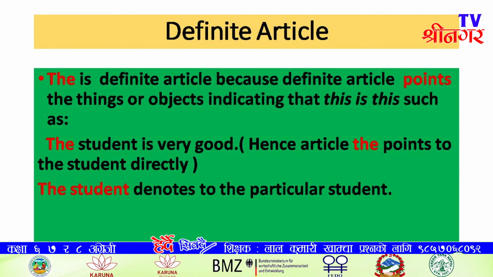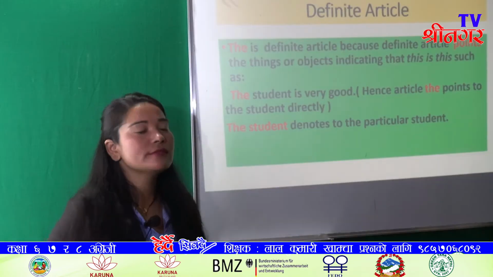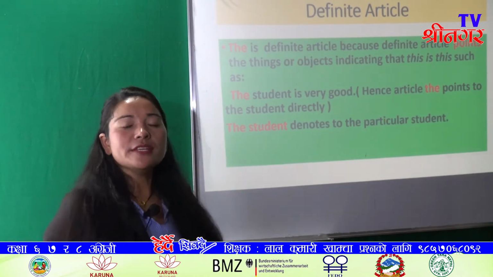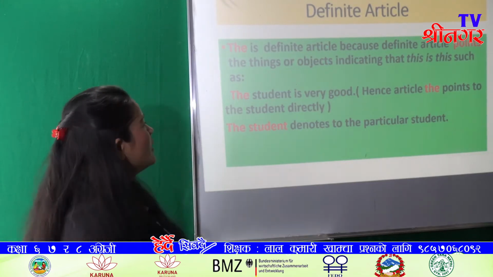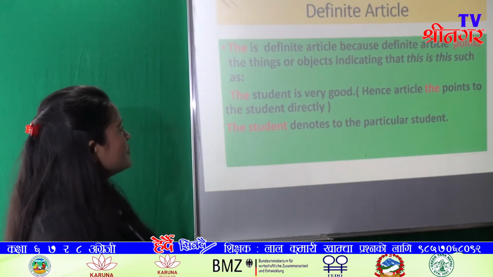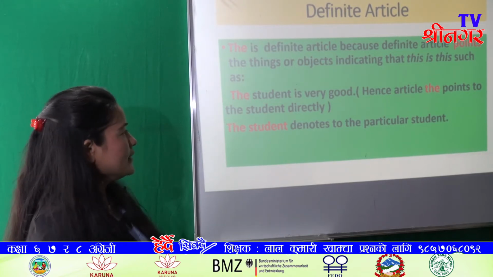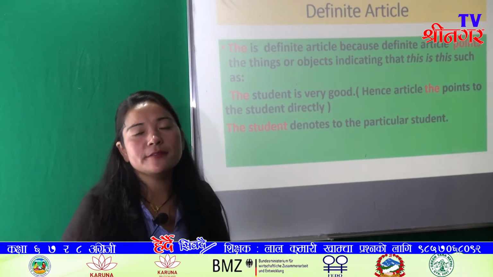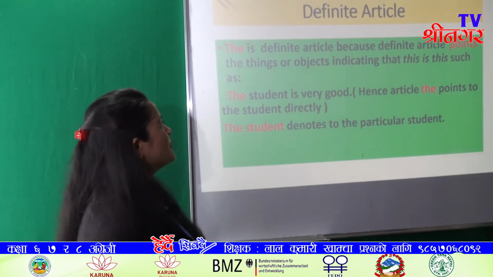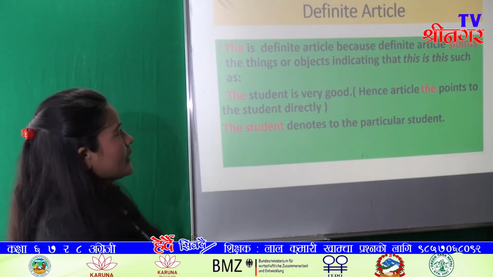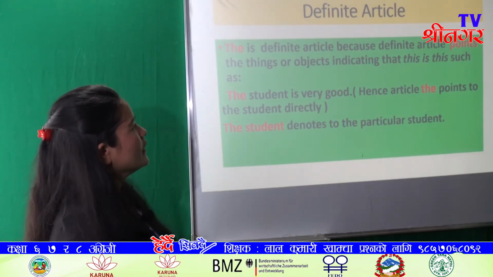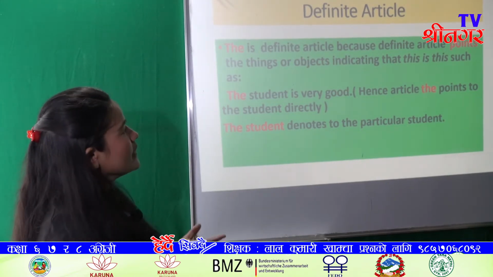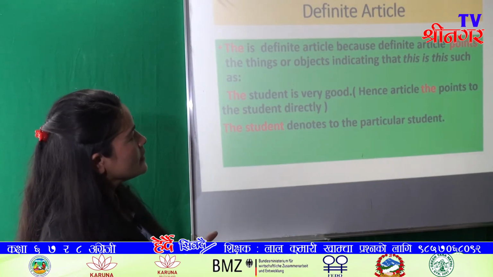Here the student means there might be many students, but here we are talking about one student who is very good. So the points to the student directly, or the student denotes the particular student, one specific student. So the is a definite article because definite articles point to things or objects indicating that this is this.